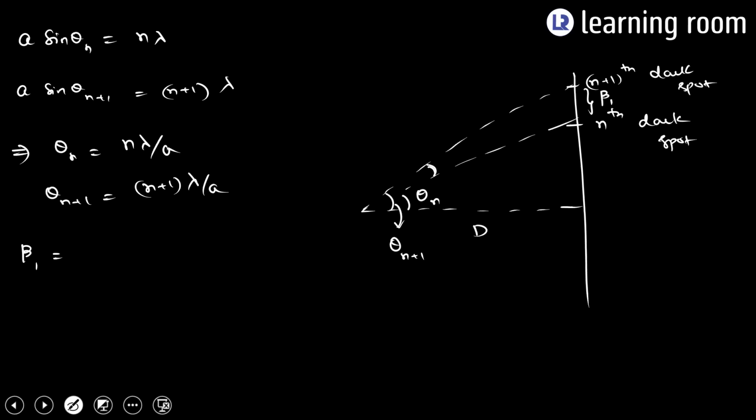So I can write this as capital D multiplied with theta n plus 1 minus theta n.